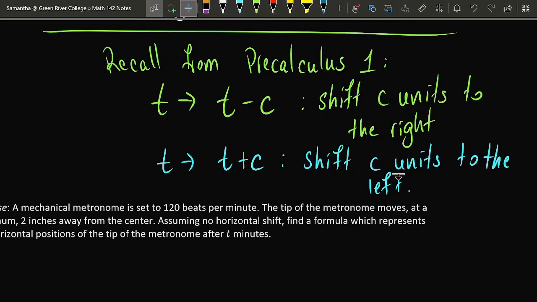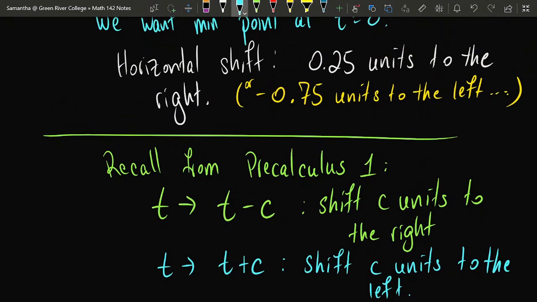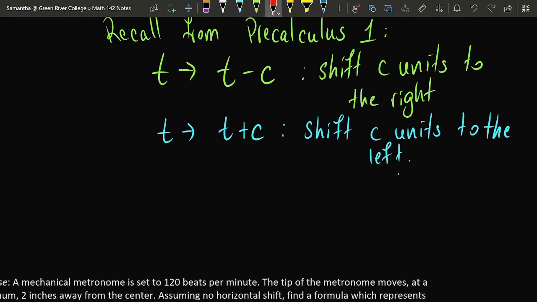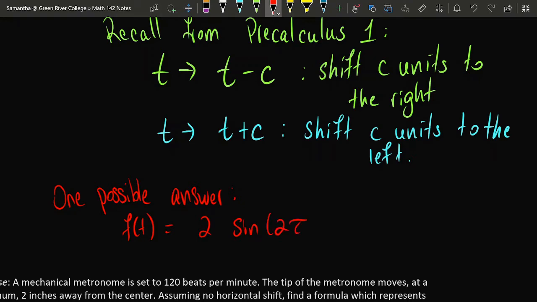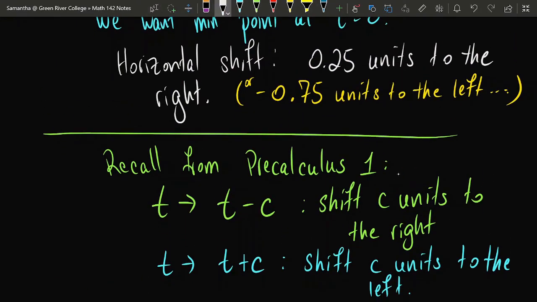So if I wanted to shift my wave pattern so that it was reaching the minimum at the right time, one possible answer would be to take my sine function f of t, which is equal to 2 sine of 2 pi times, but not 2 pi times t. I'm going to take that 2 pi and multiply it by the quantity where t has been replaced by, for example, t minus 0.25.